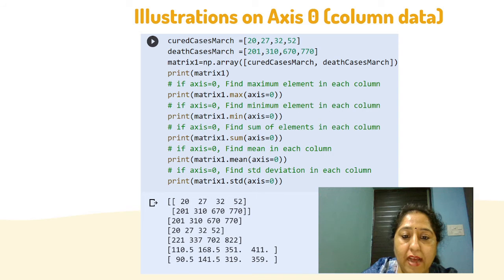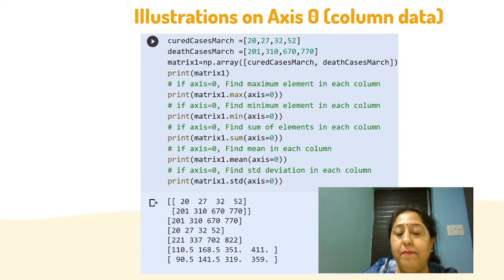That means we have 4 columns here, so we will get 4 different results which will be stored in a row vector. So what we will get is 201, which is the maximum out of 20 and 201, and we will get 310, which is the maximum out of 27 and 310. Likewise for the other two columns.